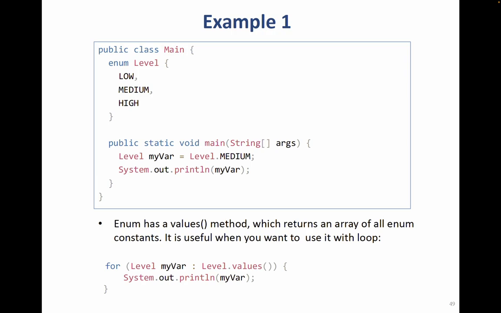I'm saying, okay, I will have a data type called Level. It can take only these three values. Level is not like an integer or a string. It's not a number, it's not a string. Level is the data type. It can take only three values, and its type is Level.